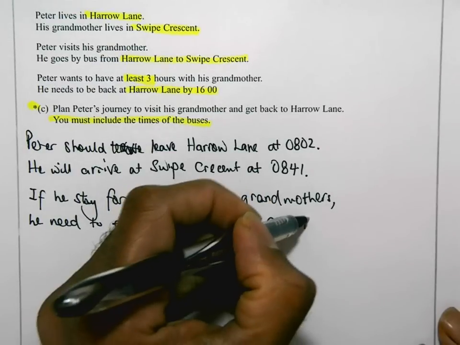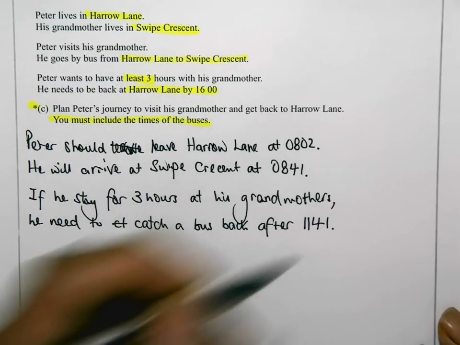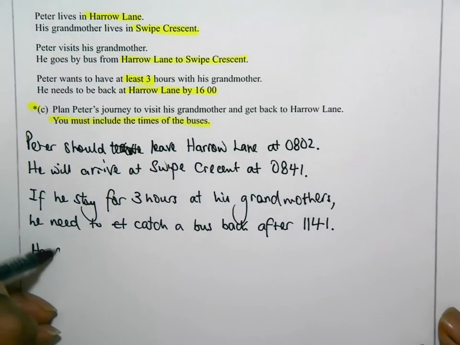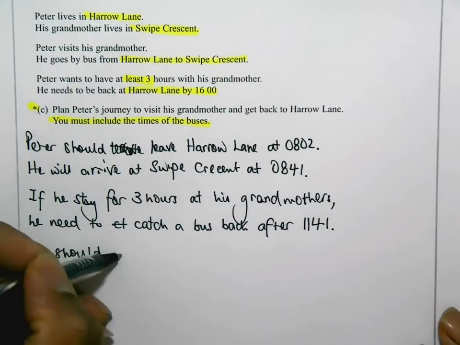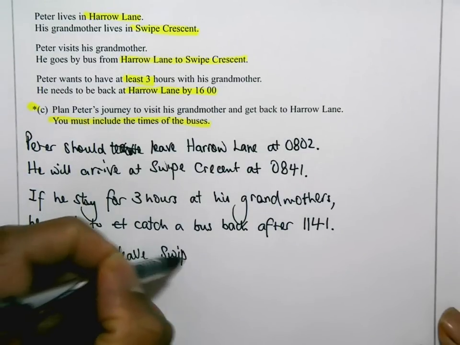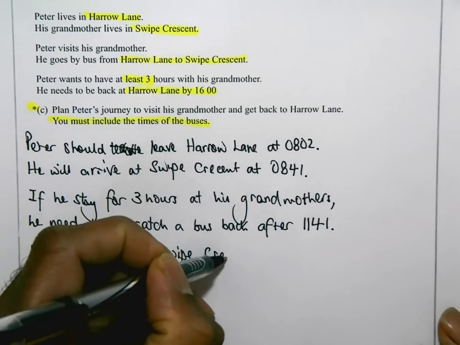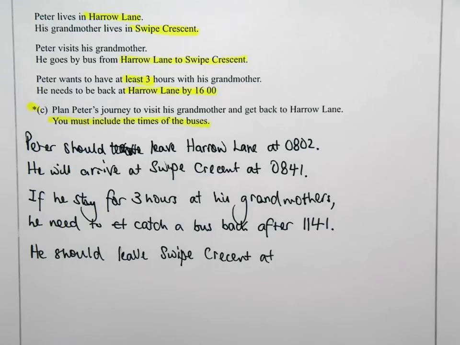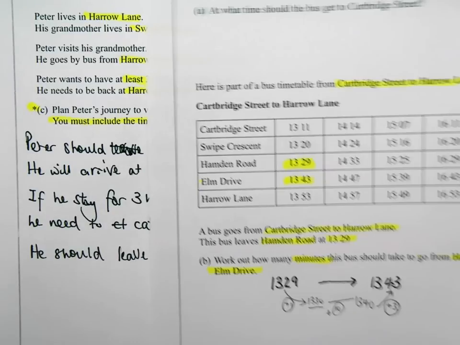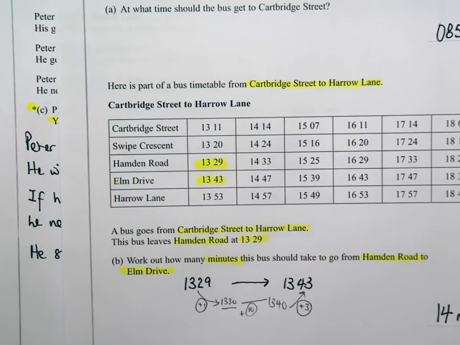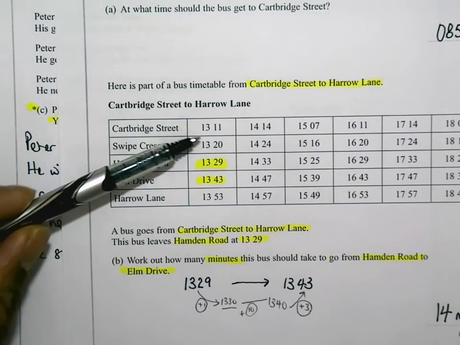Okay, so he should leave Swipe Crescent at... Now I need to work this out, so I'm going to go back to the table. So I said he needs to leave his grandmother's after 11:41, but if I look over here, all these times, so that's 13:11, 14:14, and so on.